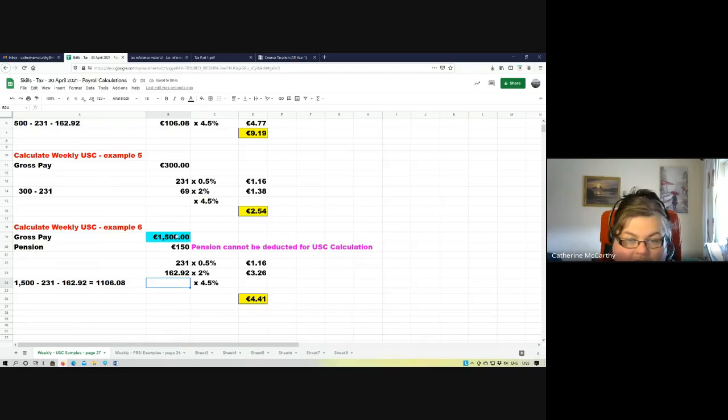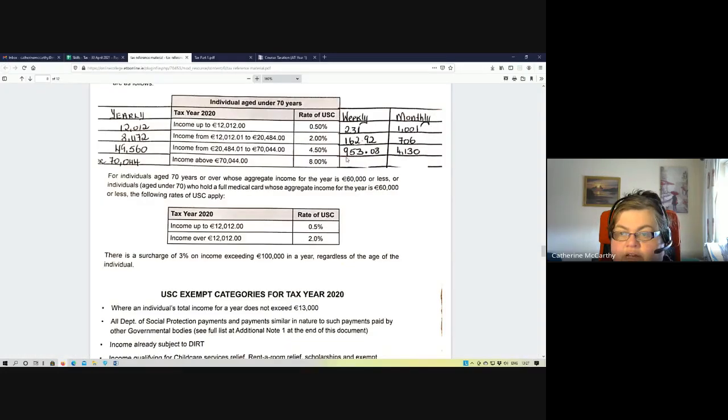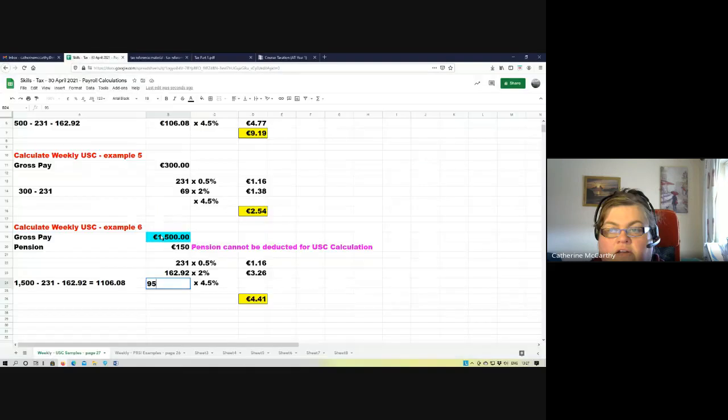When I take my €1,500, take off the first USC band, take off the second USC band, I'm left with 1106.08. And if I check my tax reference material now, my next band is up to 953.08. So that means I have gone over it, haven't I? So I'm going to have 953.08 at 4.5%.